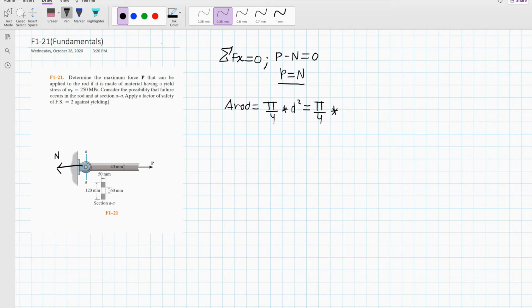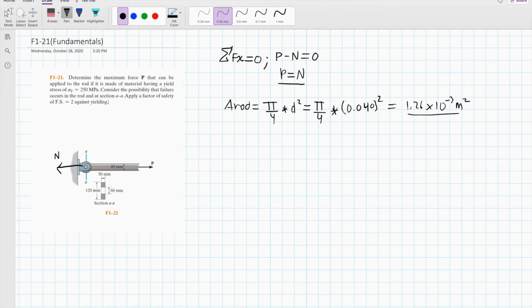We want to convert it into meters, so it's going to be 0.040 to the power of 2. We enter this in the calculator and we get 1.26 times 10 to the negative 3 meters squared.